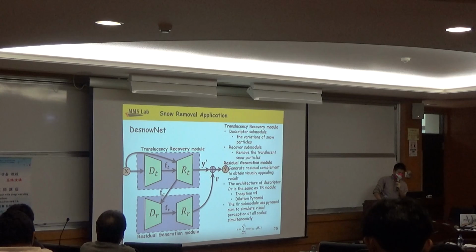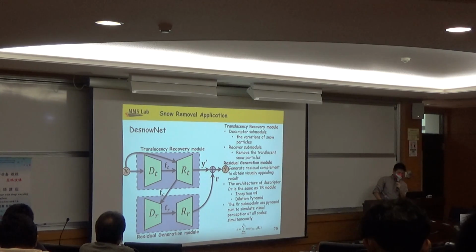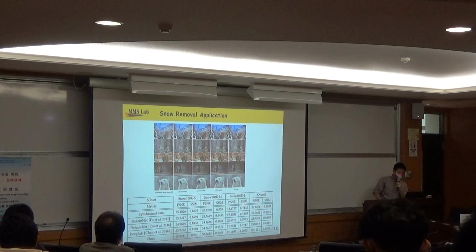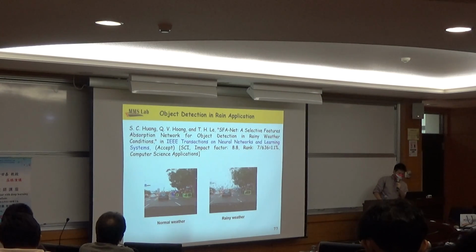We use the inception level and dilation pyramid to remove the residual haze like this. And as you can see, we have the best performance. And this year, I published a paper at TNNLS.